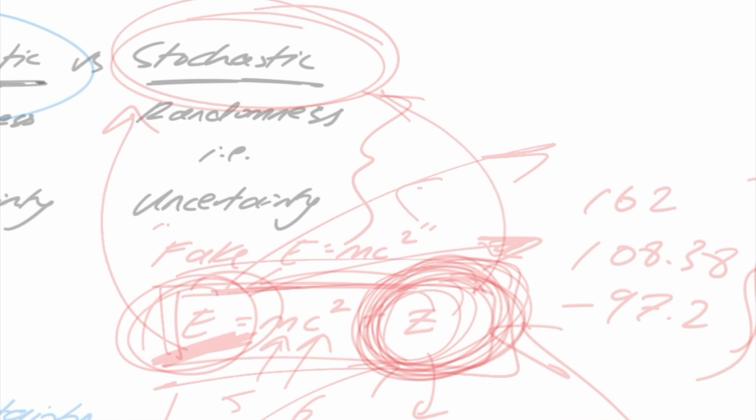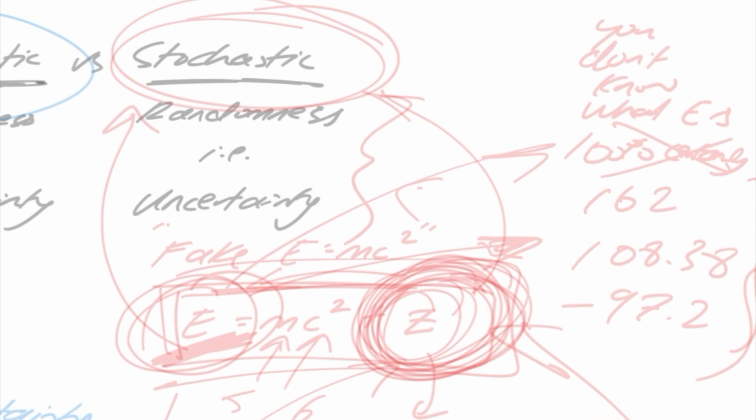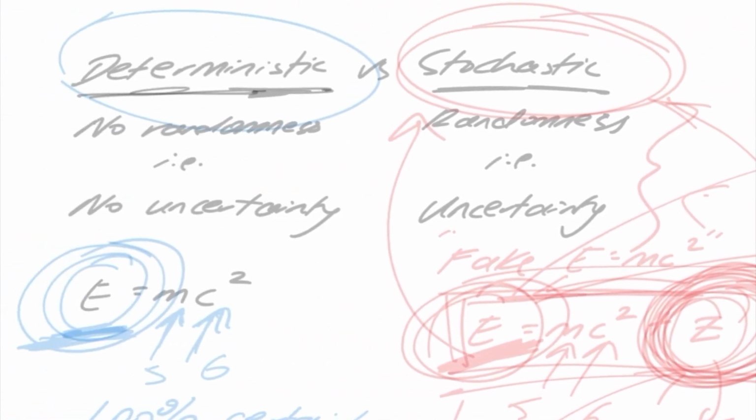But the point is, you don't know what E is with 100% certainty. That is the main idea, and that is the main difference between a deterministic model and a stochastic model.